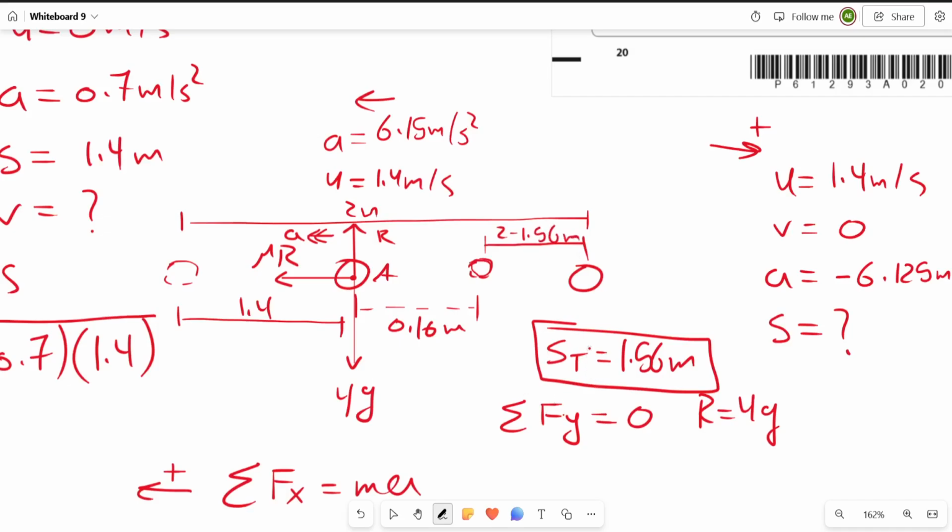Let's say you calculated s total as 3 meters or something. So A is going to continue moving over here. That means that A is not going to stop before hitting the pulley. So now you should say in your answer that no, A is going to hit the pulley.